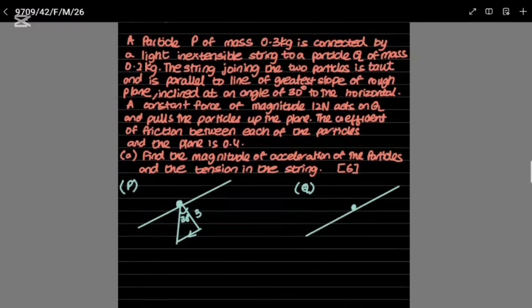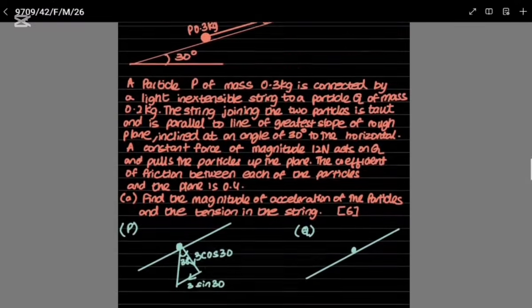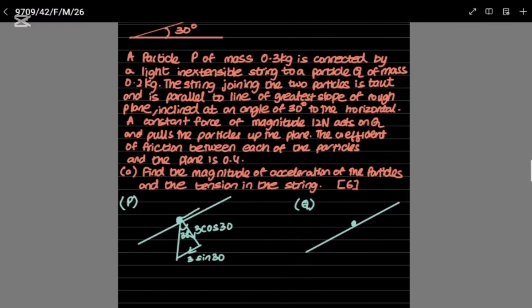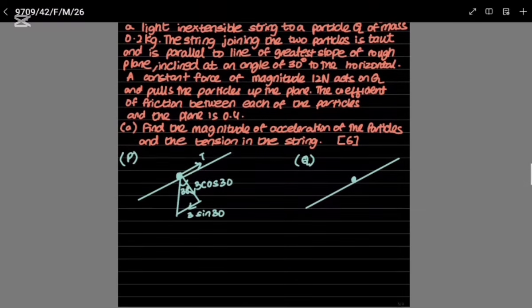I just immediately wrote it. So this is going to be 3 cos 30, this is going to be 3 sine 30, and it acts downwards. And now what else? There's tension acting away from the particle, and friction.